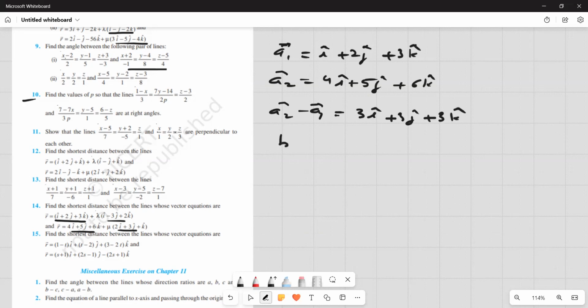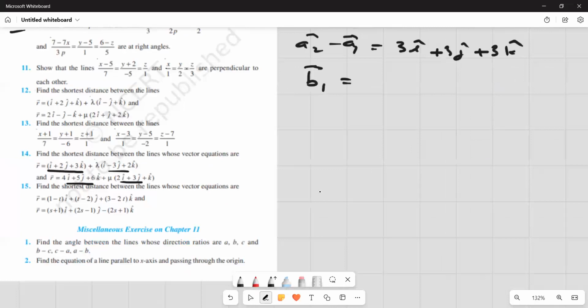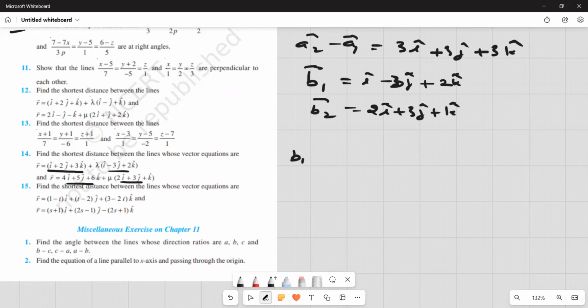Then B1 is i minus 3j plus 2k, and B2 is 2i plus 3j plus k. So let us find out B1 cross B2.